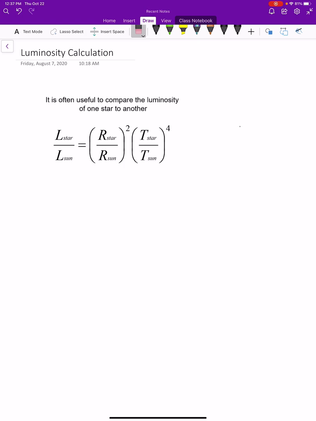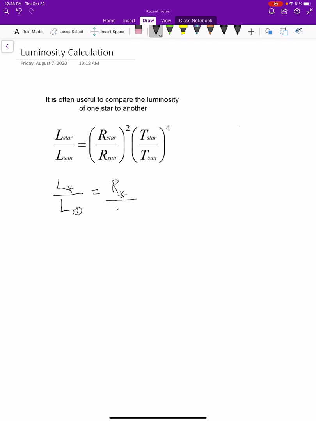Okay, so when we're calculating the luminosity of a star, in class we said we wanted to put it in terms of the luminosity of the sun, because that's something we actually know. So the luminosity of any star compared to the luminosity of the sun is going to be equal to the radius of the star, which is given to you in the problem, divided by the radius of the sun.